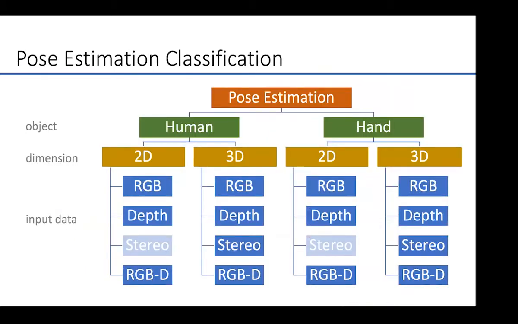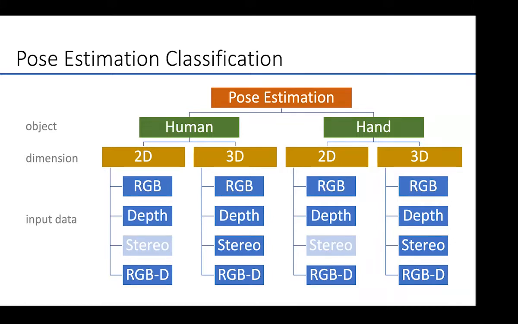Pose estimation is a very wide task, and depending on what exactly you need to do and what resources you have, this can be like anything. Pose estimation can be classified based on the object, whether it's human pose estimation or hand pose estimation.